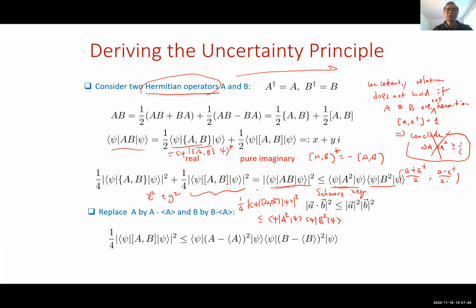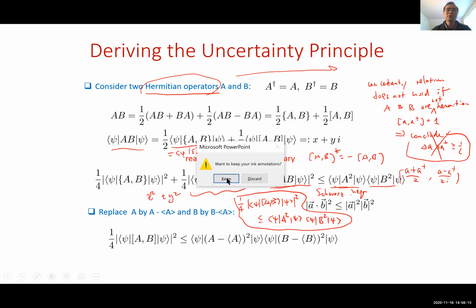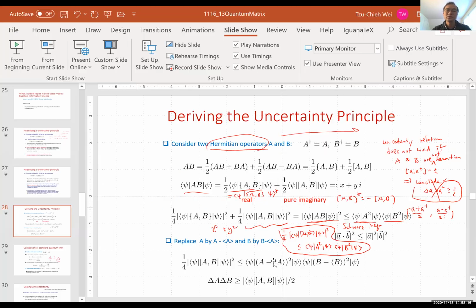Just dropping the real part, you get this inequality. It's almost the uncertainty relation, except that I need to subtract the average part. So simply I replace the observable A by A minus a constant, and B by B minus its average. This should be B, so let me correct that.